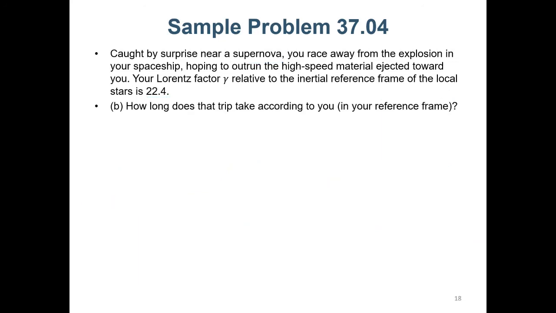And question B, how long does the trip take according to you? And actually you are on the starship moving at V. So this is the proper time, because that clock is put on the starship, and the starship and the clock don't have a relative motion.